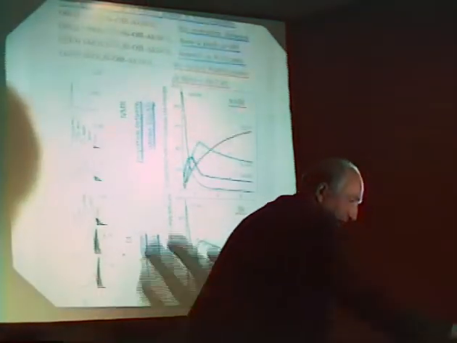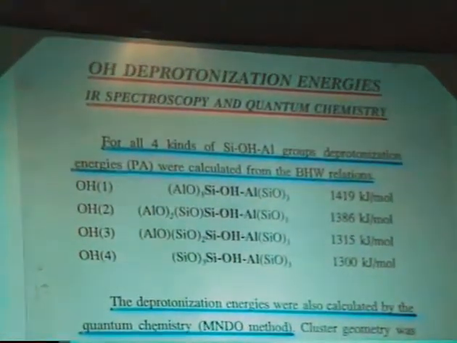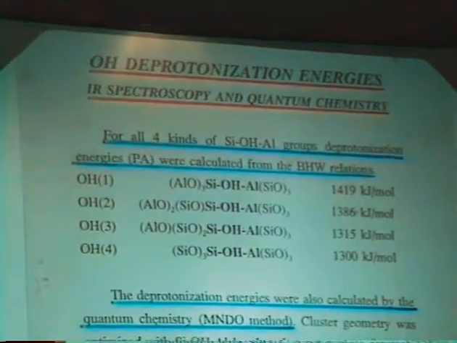Now, I shall present the last transparency concerning the deprotonation energies. This is a comparison between our IR data and the results of quantum chemical calculations. We know that we have 4 kinds of bridging hydroxyls with various amounts of Al close to the bridge.